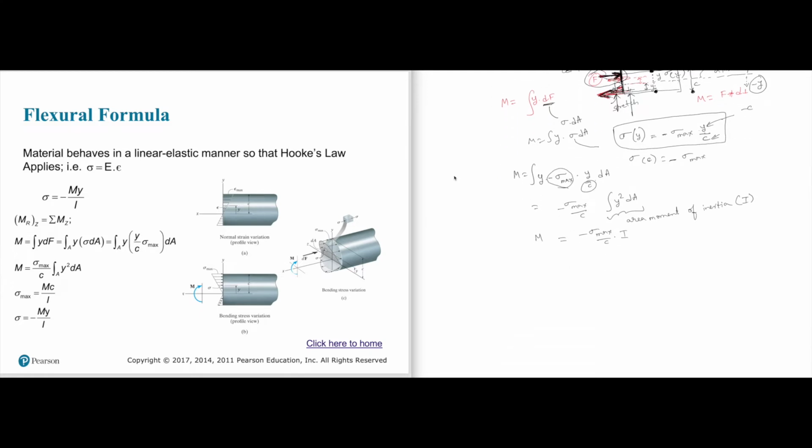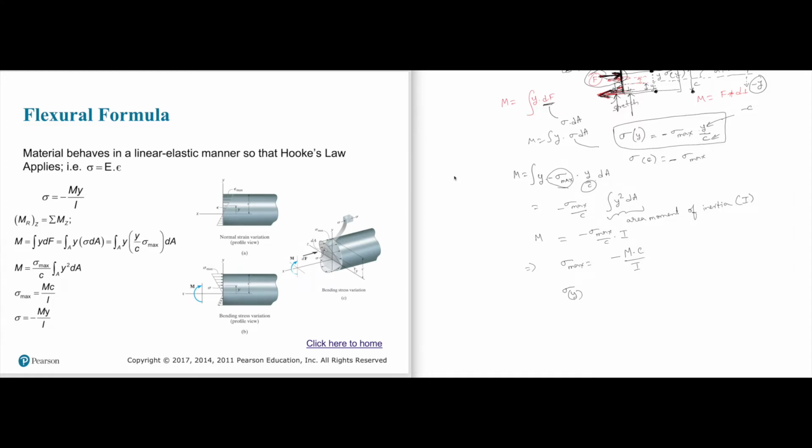So sigma max is negative M times c over I, right? So this is the maximum sigma. So what is sigma as a function of y then?